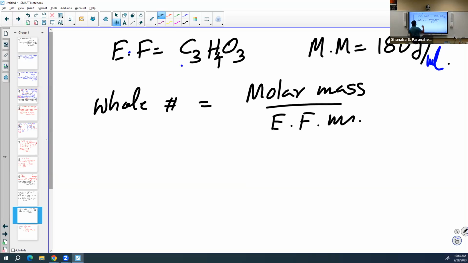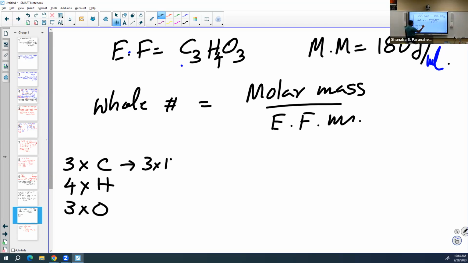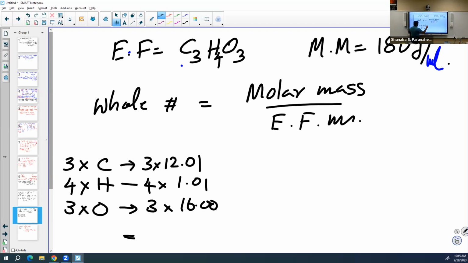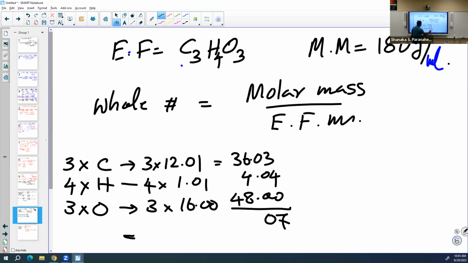Okay, so we don't have the formula mass of the empirical formula. It's going to be 3 times carbon, 4 times hydrogen, and 3 times oxygen: 3 times 12.01, 4 times 1.01, 3 times 16, which is 36, 4, 48, giving 88.07.